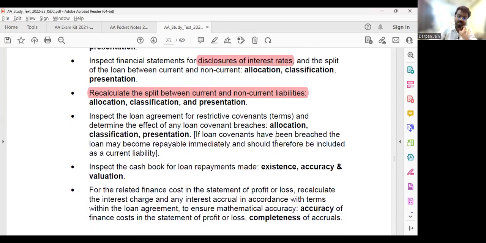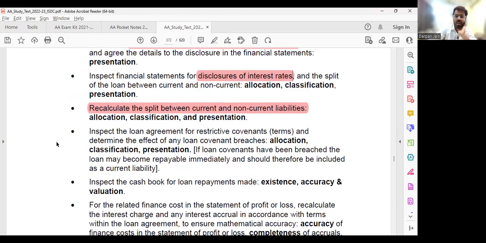Correct? Okay, next. You are inspecting the loan agreement for any restrictive covenants. What do you mean by covenants? Covenants means terms and conditions.